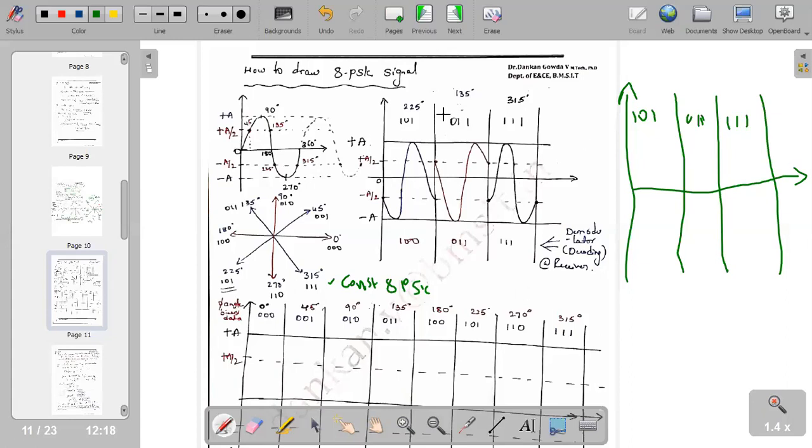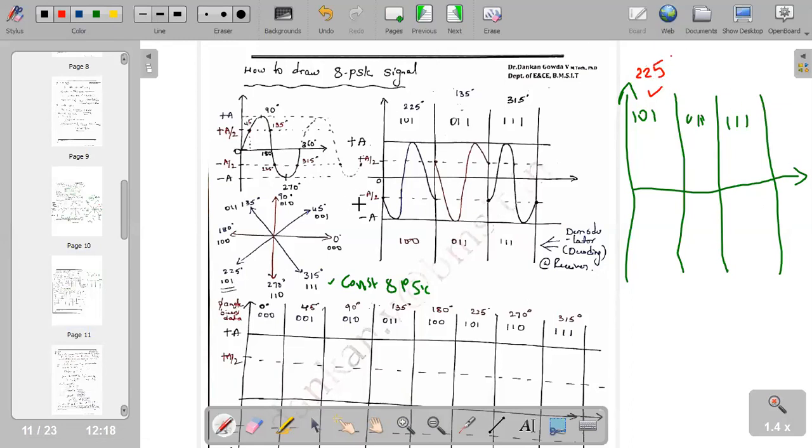Now please observe here. Say for example, if the given bit stream is 101, 101. In case of 101, what does the 101 bit stream correspond to? Here it is 225 degree. What is the angle here? It is 225 degree.